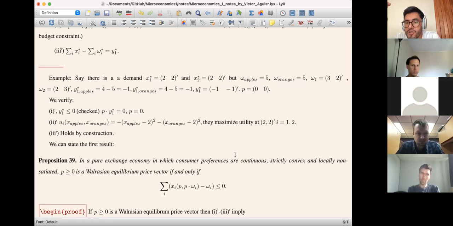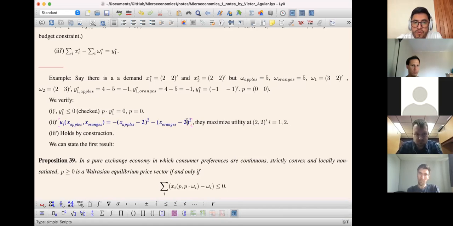So this is just a situation where these individuals only like to consume 2 units of each item. So whatever unit is above that target, right, they will dispose of it, okay, they will throw it away. So this is just showing that there are conditions under which you can have people disposing of alternatives.